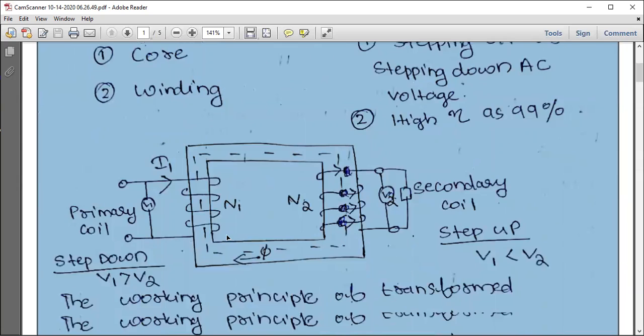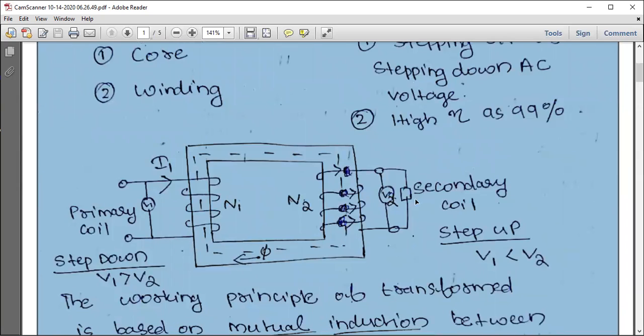Okay, so the two main parts are core and winding. Then we have the primary side and the secondary side. We call this the primary coil, which has N1 number of turns, and the secondary coil has N2 number of turns. To determine the direction of the current, we use the right-hand curl rule or Maxwell corkscrew rule. We call it by all these different names.